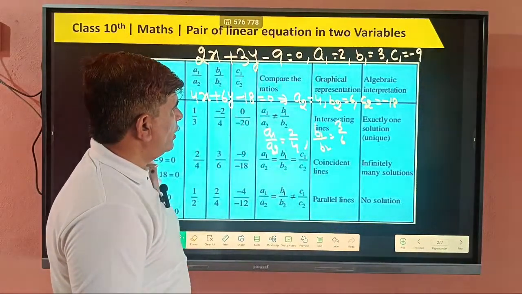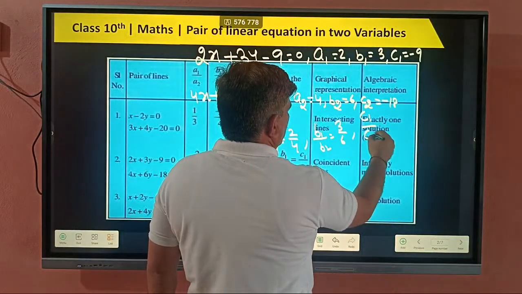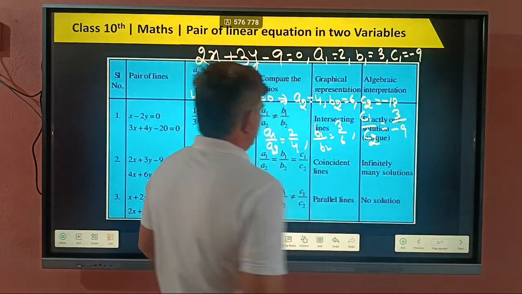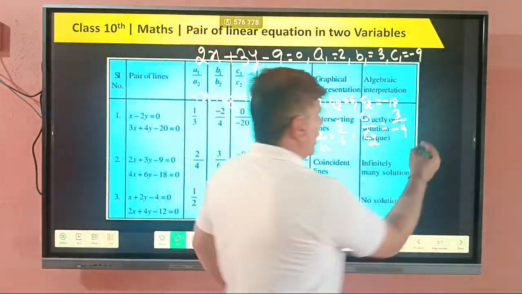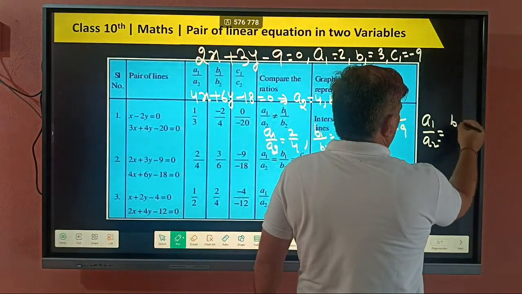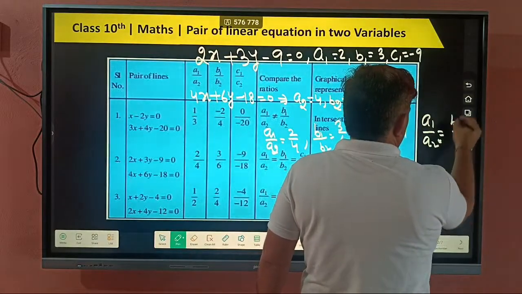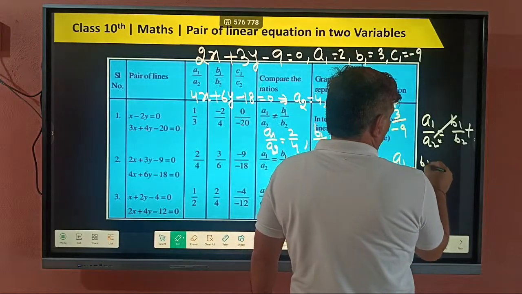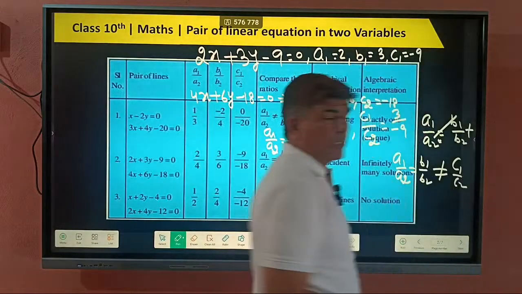And what's C1 by C2? 3 by minus 9? Sorry, minus 9 by minus 18. If you look, both are equal. A1 by A2 is equal to B1 by B2, and also equal to C1 by C2.